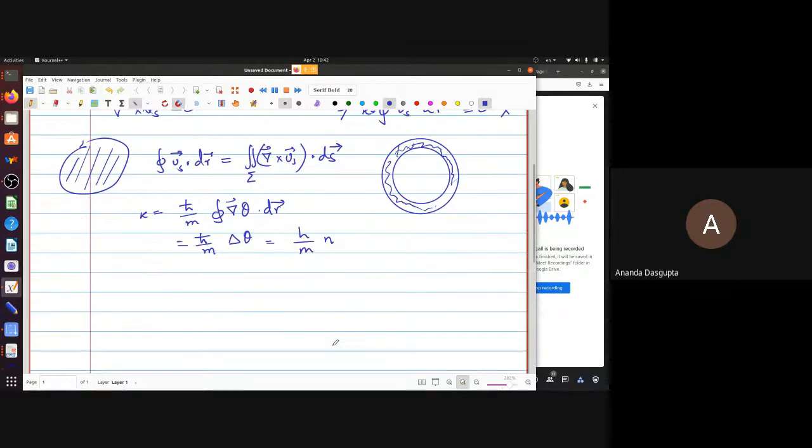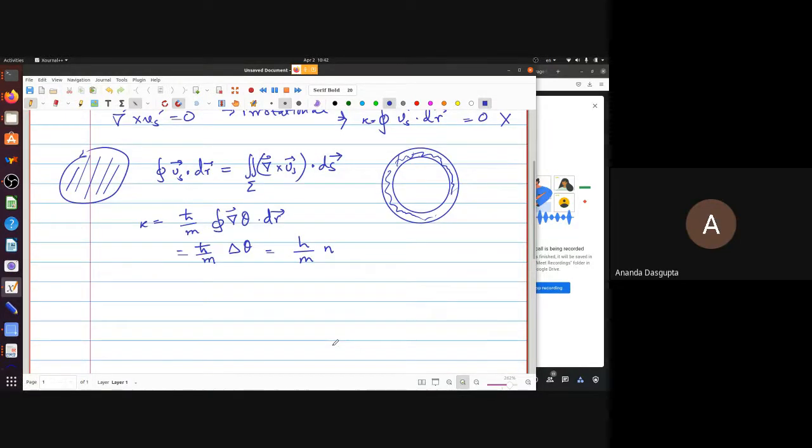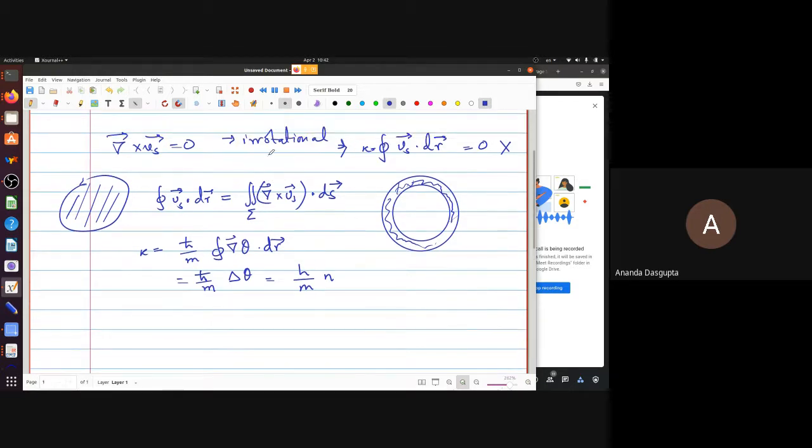Now, this is of course true when you have a fluid between two cylindrical regions. Curl of V is 0, but the way we are escaping this implication that the circulation has to be 0 is via the fact that the vector field is not even defined everywhere inside the loop where we are calculating a circulation.